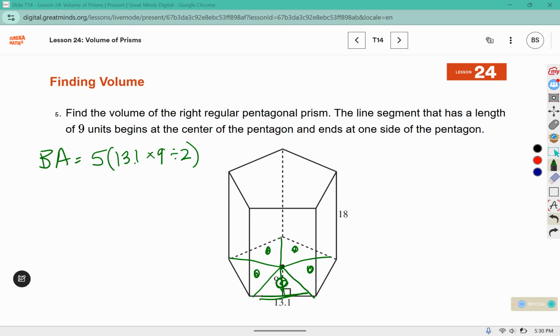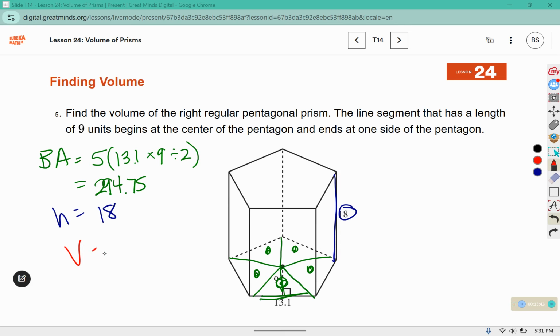So 13.1 times 9 divided by 2 is 58.95, and then we'll multiply that by 5 to get the total base area, which is 294.75. And then the height of the prism is 18.